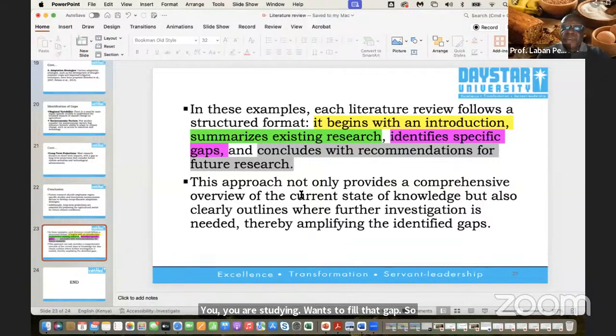So this approach not only provides a comprehensive overview of the current state of knowledge, but also clearly outlines where further investigation is needed, thereby amplifying the identified gaps. This is what I expect in a snapshot your literature review chapter to look like.